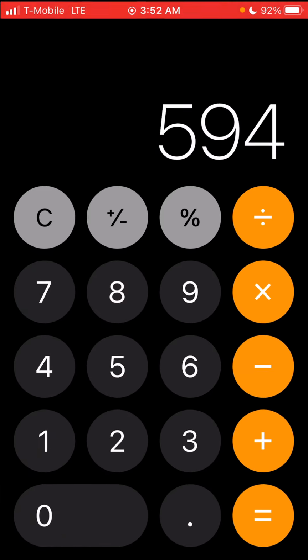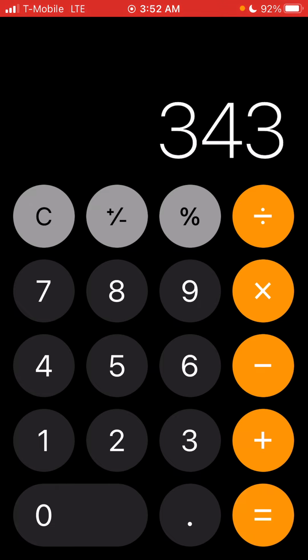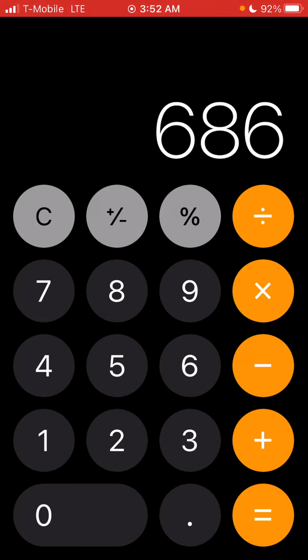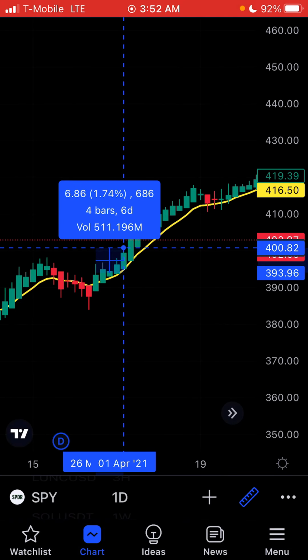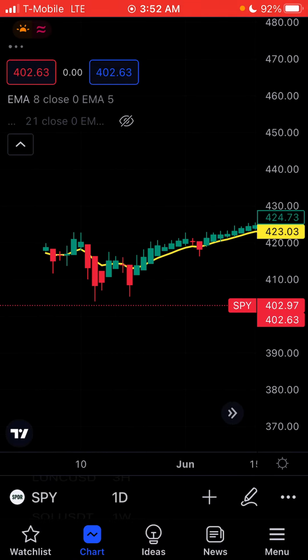686. We got 686 times about 50 times, if you did 2 options here, you would have made $686 in 6 days. So you can see how this will compound, and this strategy is really, really effective.